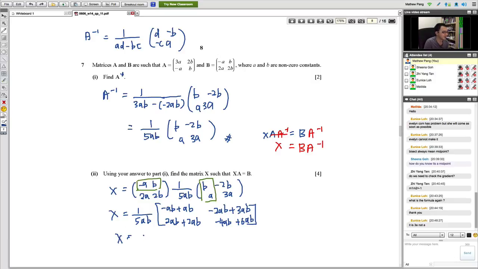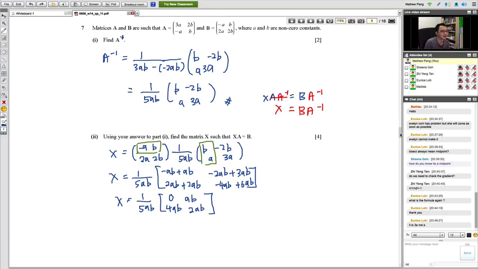So x will equal 1 over 5AB, and then you solve this one, it is 0 AB. 2 plus 2 is 4AB. And negative 4 plus 6 is 2AB. Okay, I think you can leave your answer like this, or you can multiply 1 over 5AB into it. If you want to multiply, I think you better multiply it in. There are so many AB, it looks very headache.